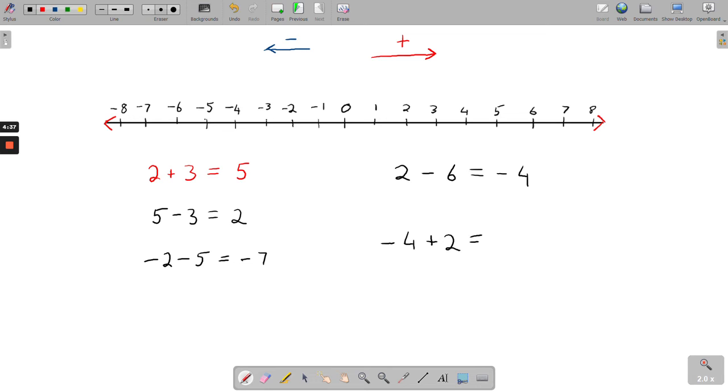So in this case, what we're going to have is we're going to get negative 4 and we're going to move forward 2 spaces. So we're going to be on negative 4, and you see we're going to move forward 2 spaces. 1, 2. You can see in this case then you're going to end up at negative 2.